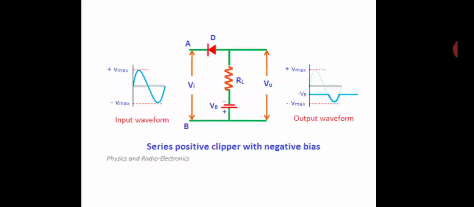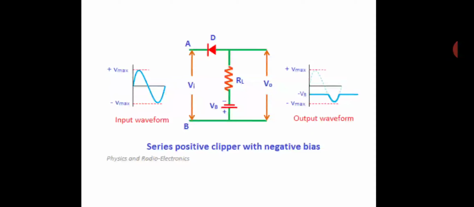In both conditions, input Vi and battery Vb are connected in reverse bias, so the diode is always reverse biased in the positive cycle. So the whole positive cycle is completely eliminated.